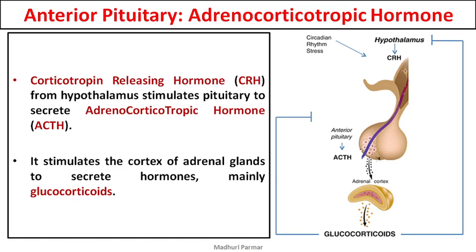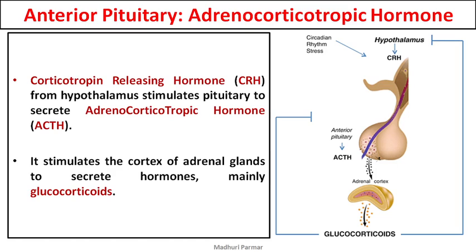Because your adrenocorticotropic hormone is also known as corticotropin. So apart from stimulating hormones, all the tropic hormones are also secreted by your pituitary. This CRH will stimulate your pituitary to secrete adrenocorticotropic hormone, ACTH.